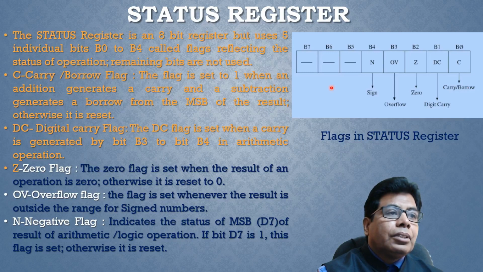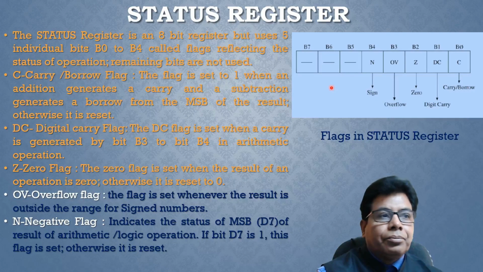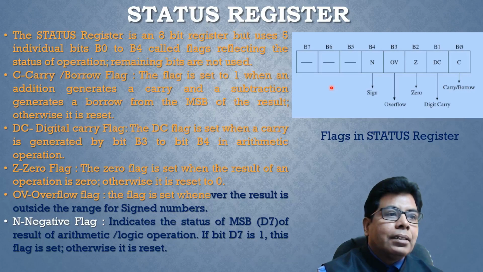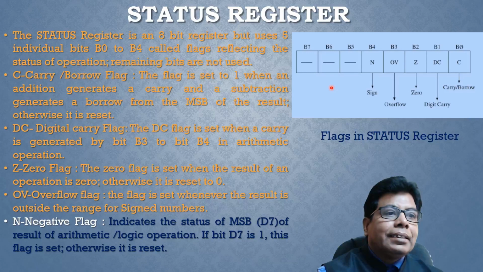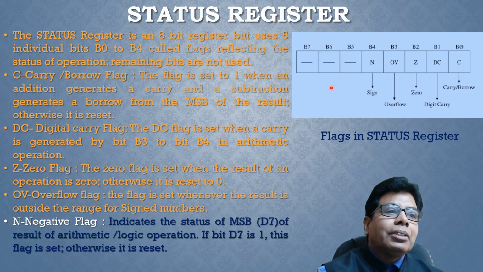The zero flag is set when the result of an operation is 0, otherwise it is reset. Then the overflow flag is set when the result is outside the range of signed numbers. So it is concerned with signed arithmetic. If the result is outside the range, then it will be set, otherwise it is reset.